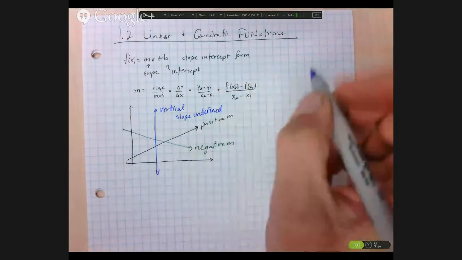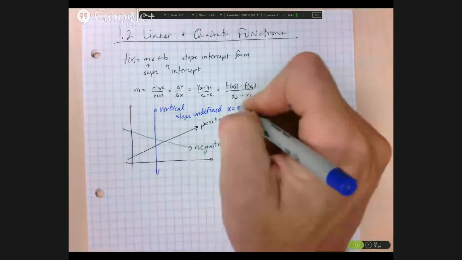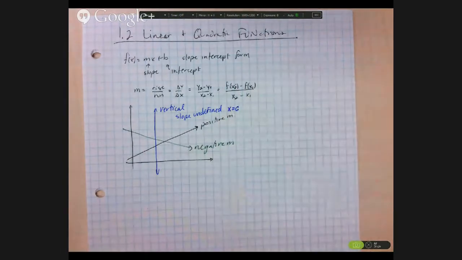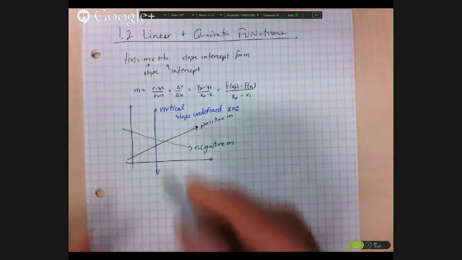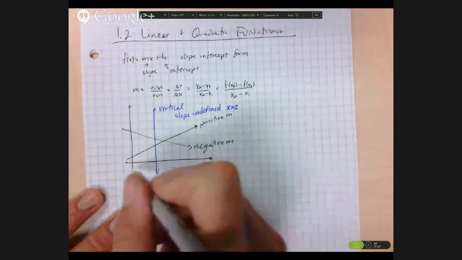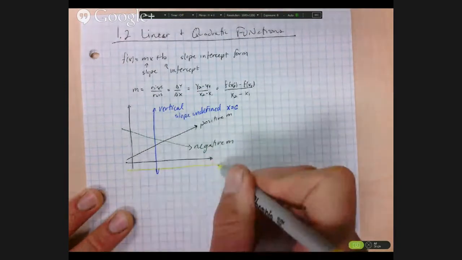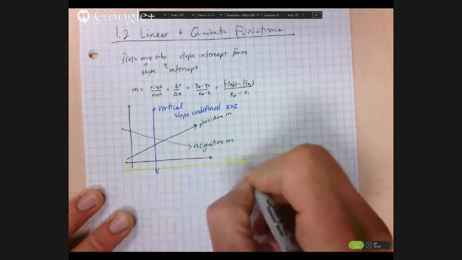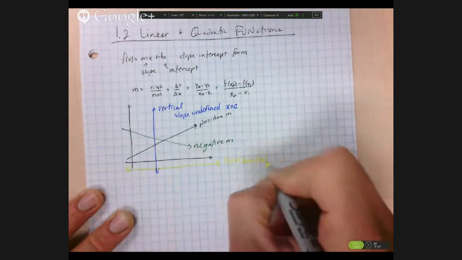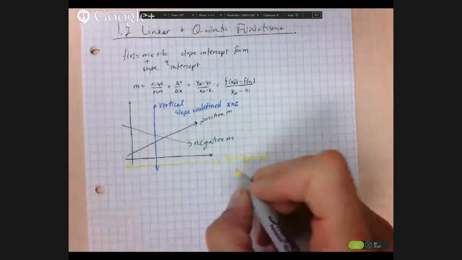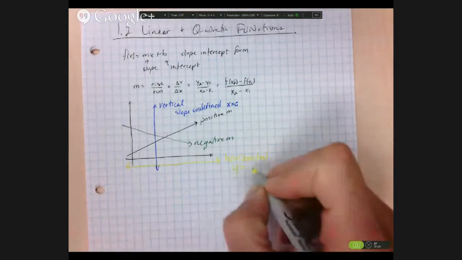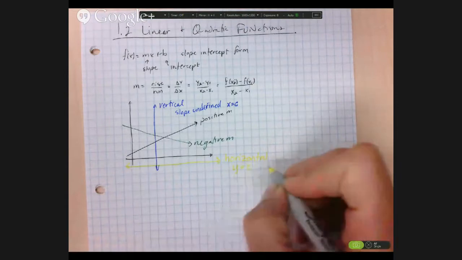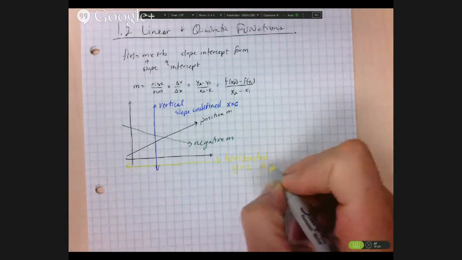The slope is undefined. The equation looks something like that, x equals c. It's just a constant. All right, and let's see if this one will actually show up. Yep. And this is horizontal. And that would be something like y equals c with 0 slope.